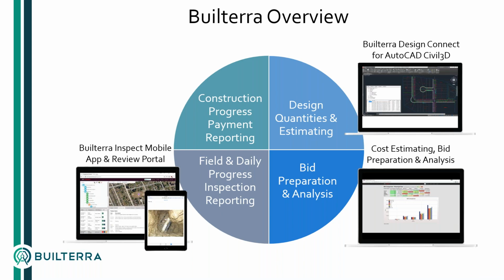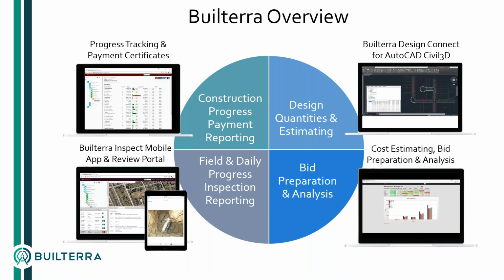So it's been a couple of years of hard work, and we're actually at the point now where we've got customers using Builterra at almost every point in this data workflow. So it's really good news for us because it is a continuous flow of information from one department to the next. We'll be looking at the mobile inspection piece today, and specifically the app and how to use it.